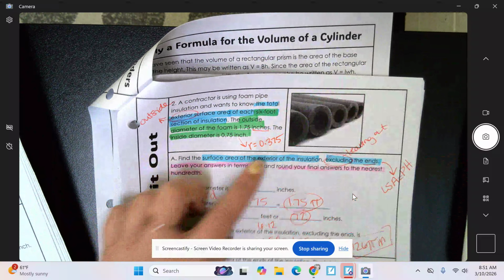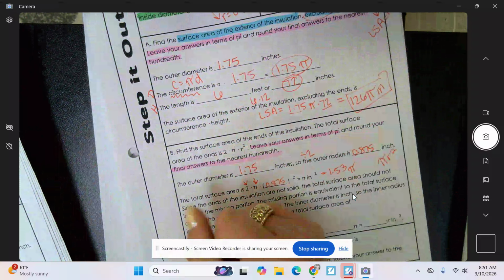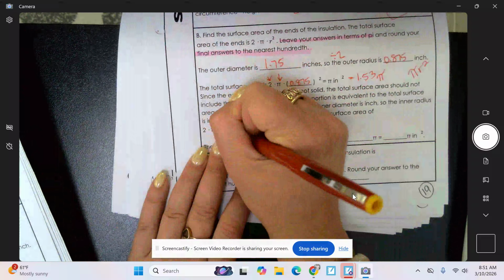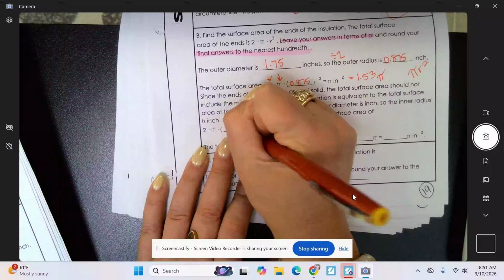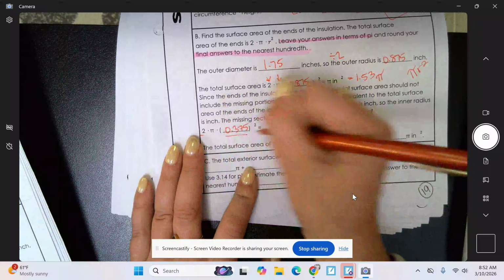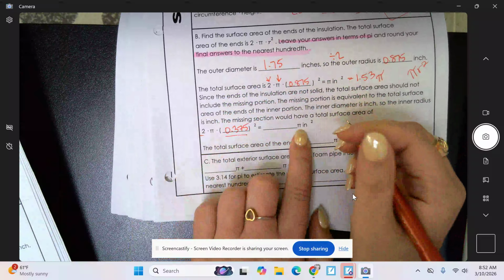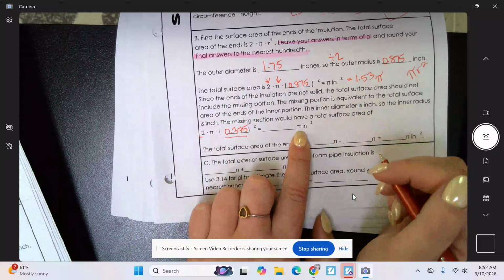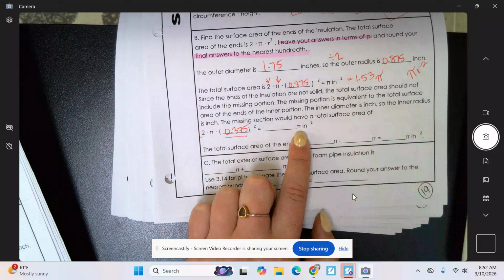Okay, so we can put that into our formula. Let me come up here so you can see it. 0.375 squared. So what is 2 times 0.375 squared? Because we're leaving pi in the answer. You have calculators.